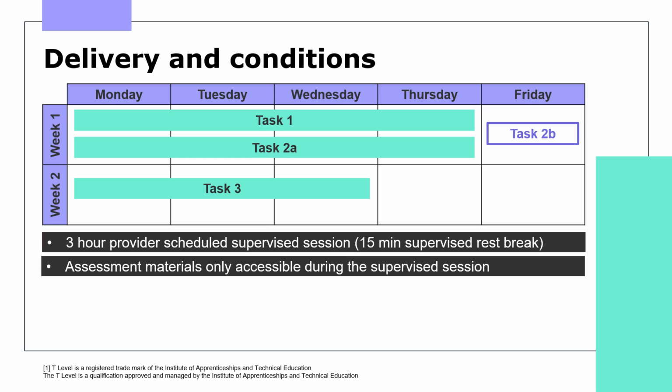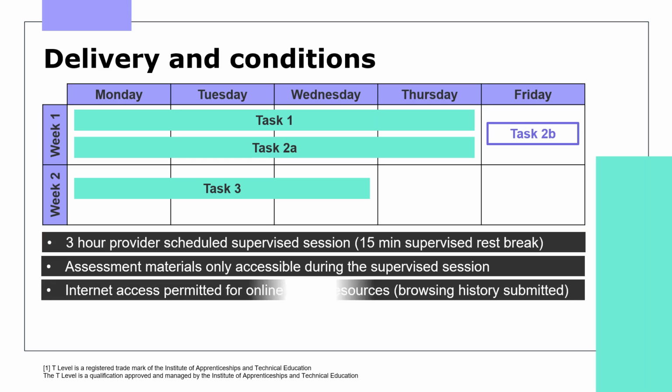The assessment materials should only be available to students during the scheduled sessions, so do take account of this and ensure you have secure storage areas for the students' work. Internet access is permitted for limited purposes, such as accessing online resources to create their data visualizations and digital slides, with a copy of the student's browsing history also being submitted.